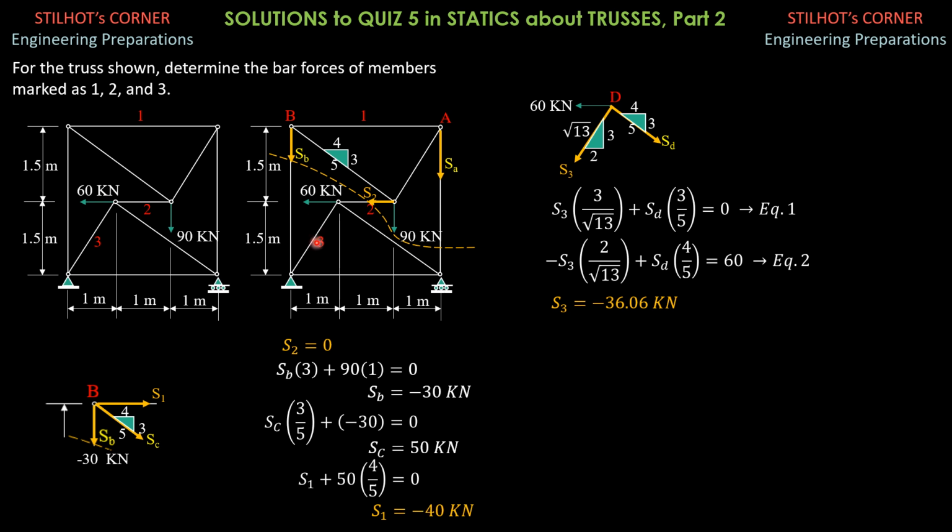Finally, we have to find the force in number 3 by isolating this joint and drawing the FBD. Remember that S2 is 0, so you just remove it from the free body diagram. We have the load 60 to the left, then S3 here. The slope of S3 is 1.5 vertical, which I double, it becomes 3.